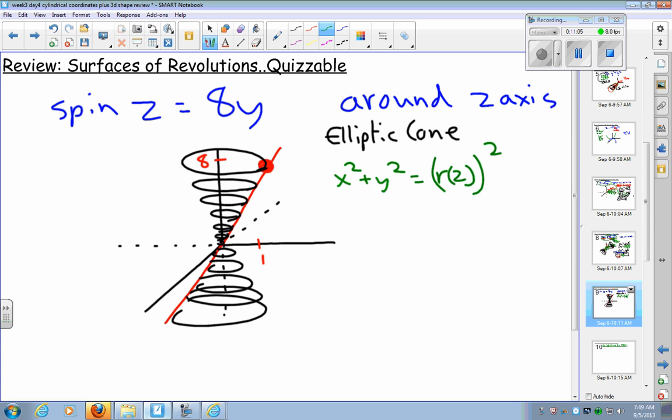Okay, so right now I have z equals 8y. I need it in terms of z. So we're not there yet because I need it in terms of z. So we need to solve for z. So if I have that, you might want to come down here and say, okay, that means y equals z over 8.